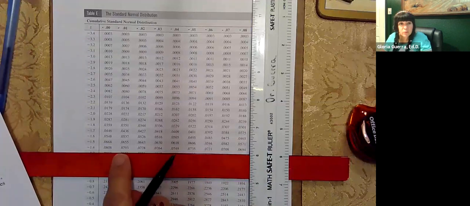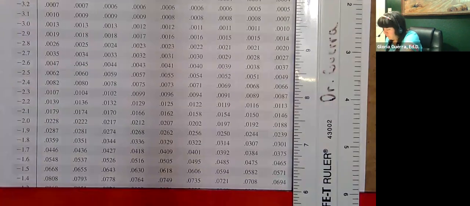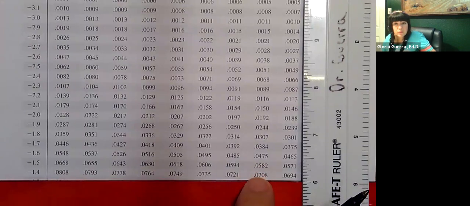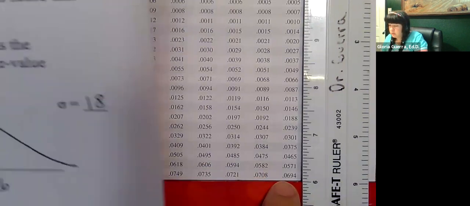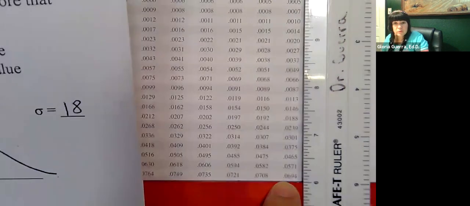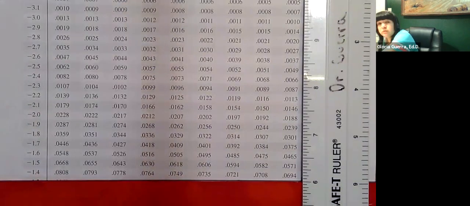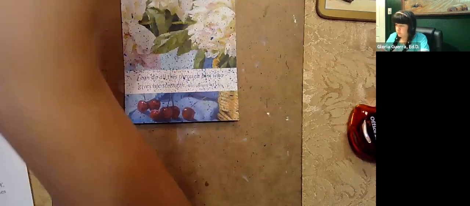So you see here's the negative 1.4, and there's a 7, 8. There's 0.0708 and 0.0694. Okay, so that's what I'm getting off the chart.